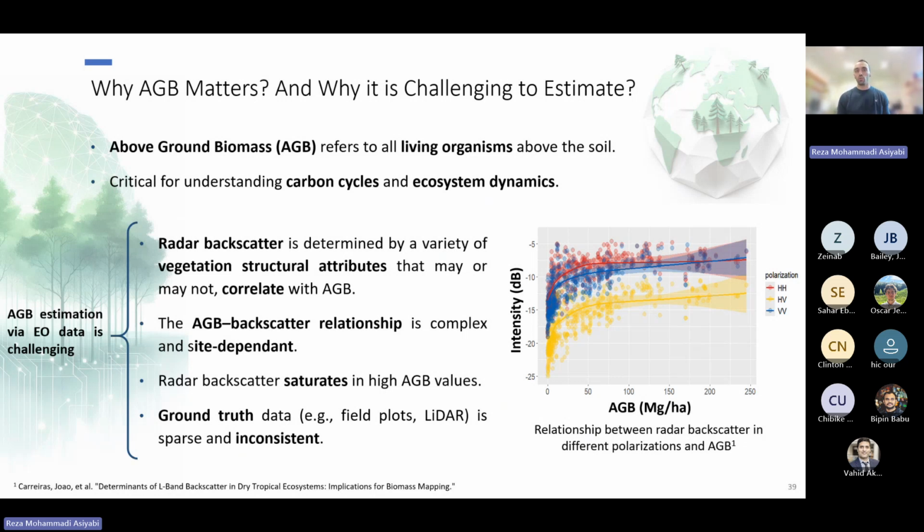The only direct way to measure AGB is to cut down the trees, dry them, and weigh the dry mass of the tree, which is not feasible at large scale. We cannot cut down a lot of trees.